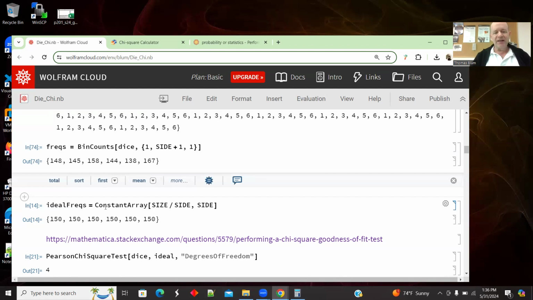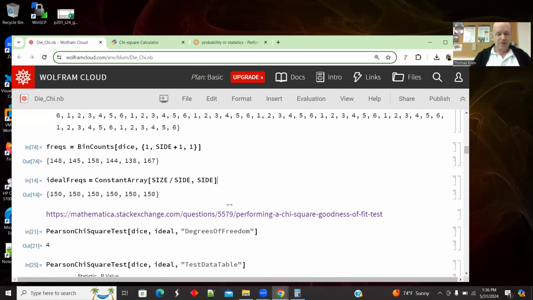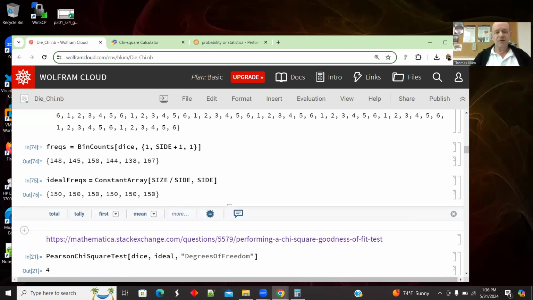And then I'm going to calculate the ideal frequencies, and that's just going to be a constant array of size divided by side. So that's the value size divided by side, and there are going to be side of them. Or I could just have done BinCounts with my ideal, and that would have given me the same. But this was faster, I believe. Okay, so there we go.